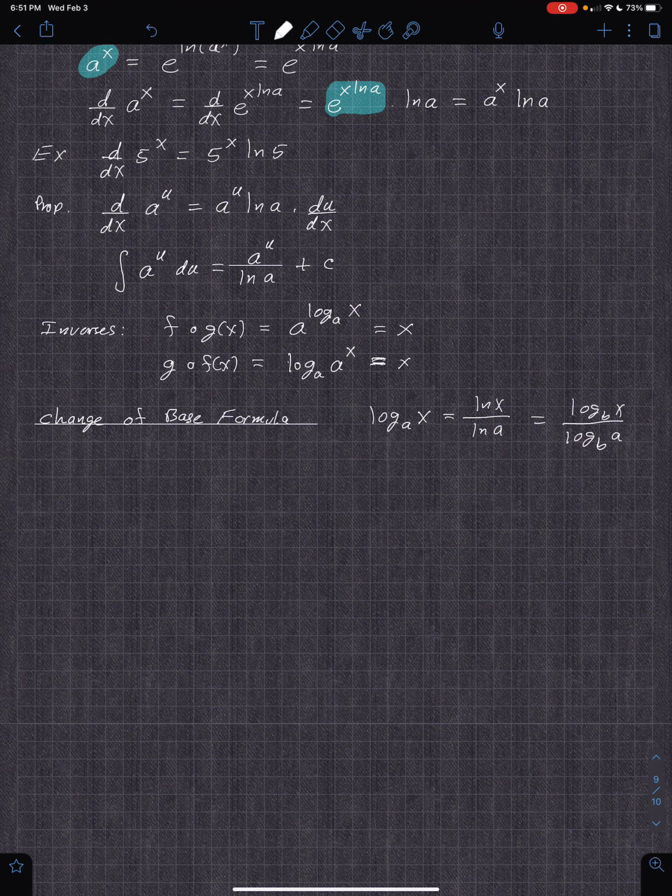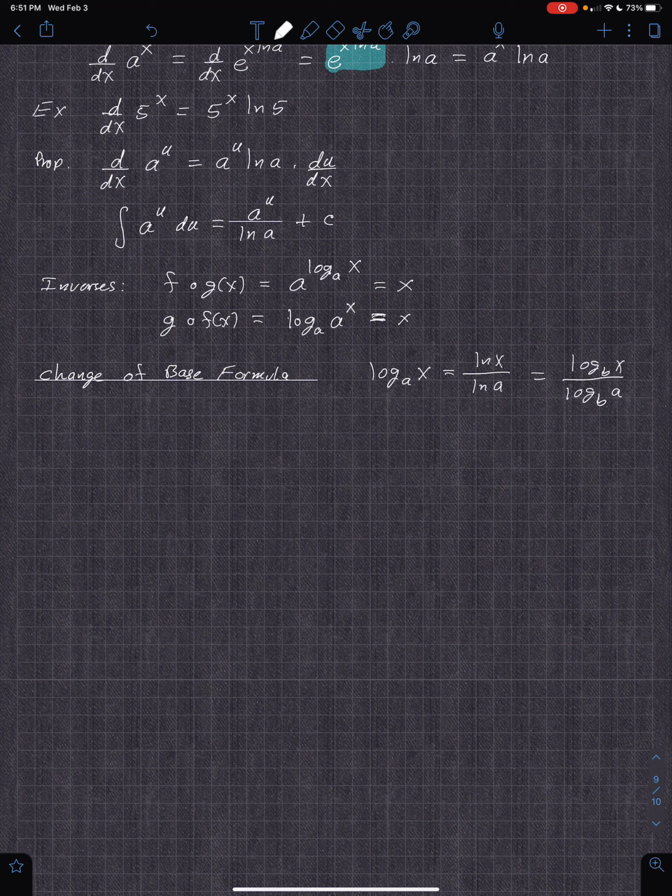What did I not show you? Oh, if you look at the derivative d/dx of log base a of u, then you could just change it into a different base, really.